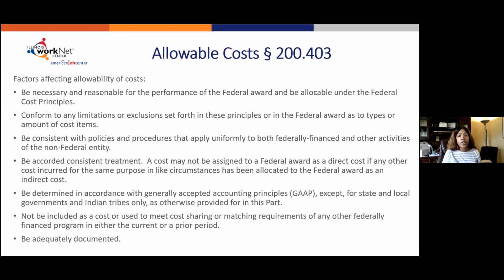But when you're thinking about your costs, ask: is this cost allowable? Is this cost reasonable for the performance of the award? Can it be allocated to the award? Is it consistent with policies and procedures? And is it adequately documented?